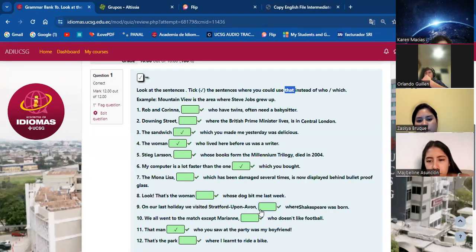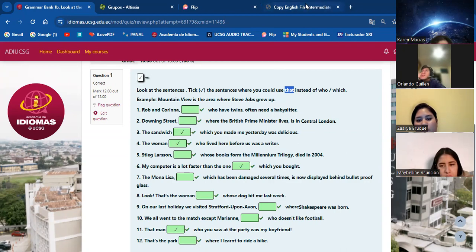You have a comma in number 9. You have a comma in number 10. But what happens? Remember, in 12 we use where, not who or which. So exactly. When is it okay to replace who or which with that? When you don't see the comma.